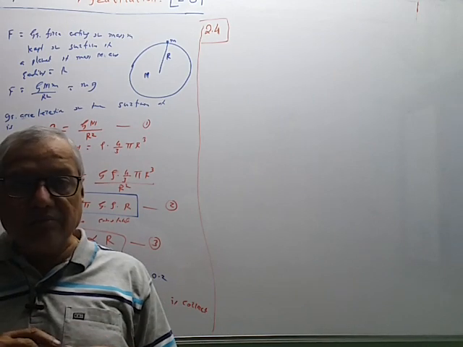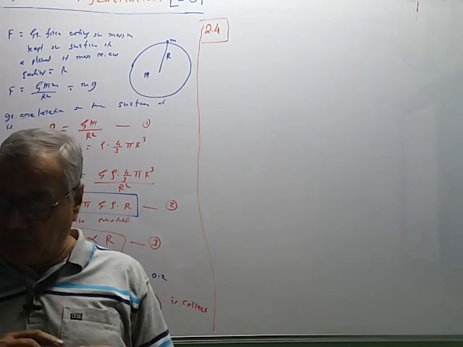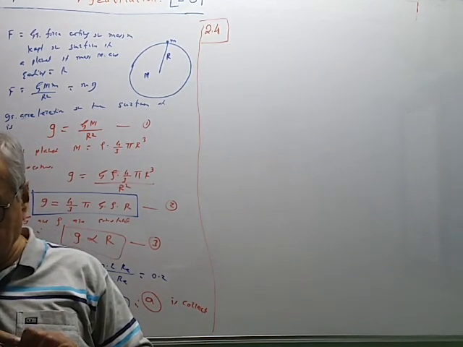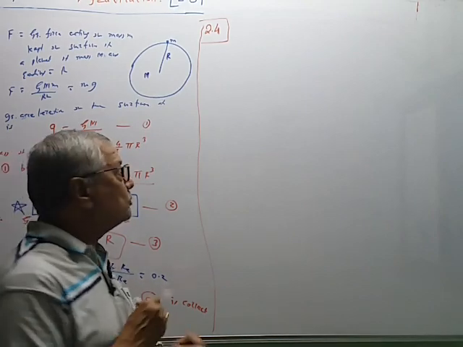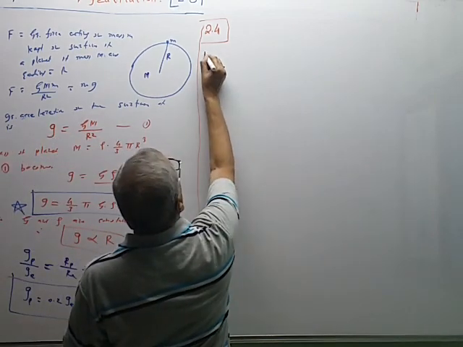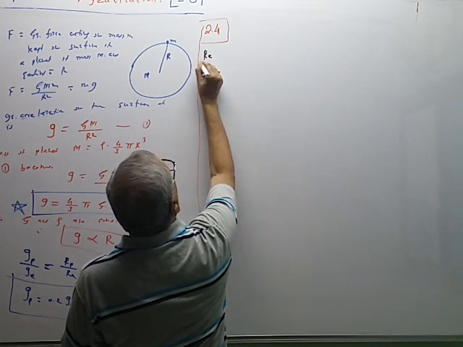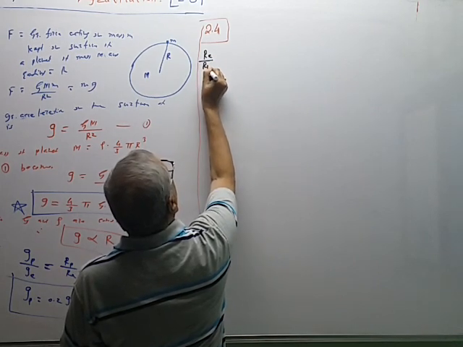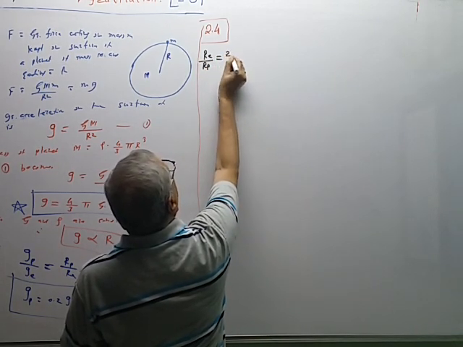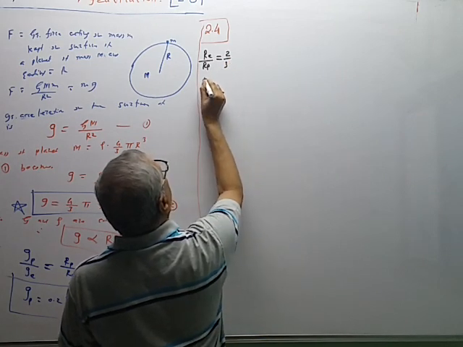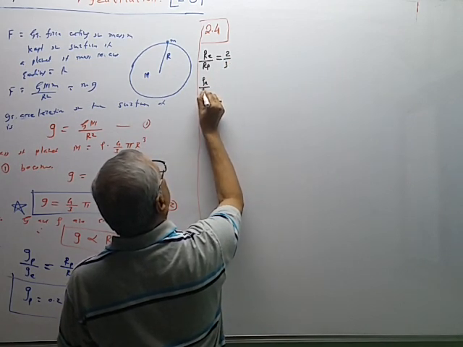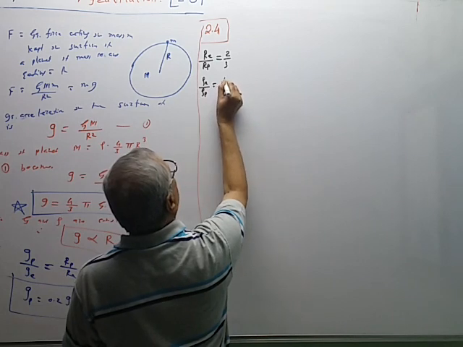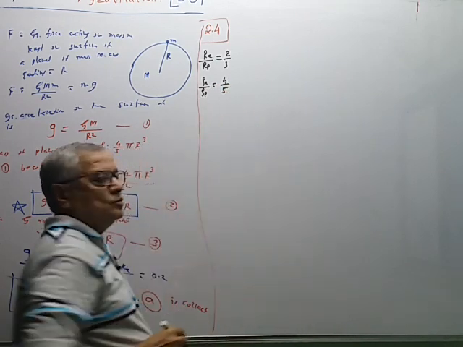So with the same effort means what? So the given quantity is like this. The ratio of the radii is 2/3. So Re upon Rp is equal to 2/3. Density of Earth to density of planet is equal to 4/5.